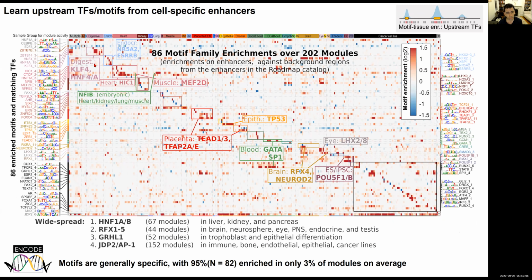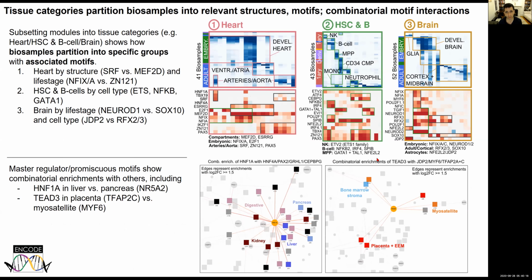For some motifs, you basically see very, very broad enrichment, and these very often act in combinatorial ways with additional motifs to define very highly specific processes. Here's some examples, zooming into heart, immune cells, and brain, where you can see very specific biological processes lighting up in those modules and very specific combinations of motifs associated with them.